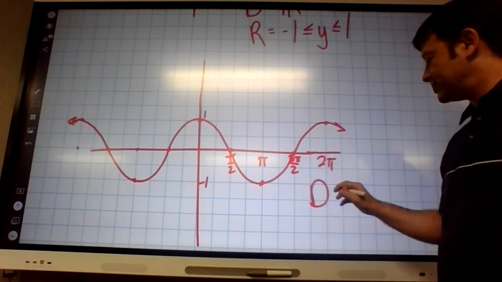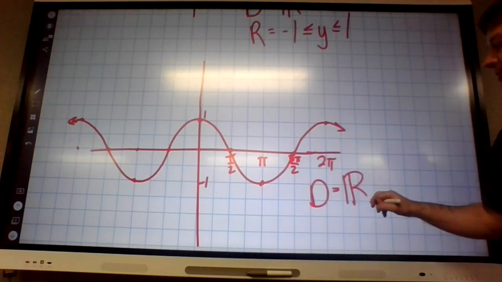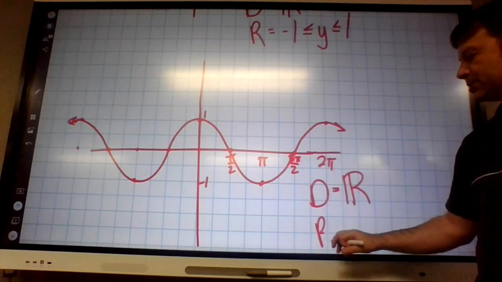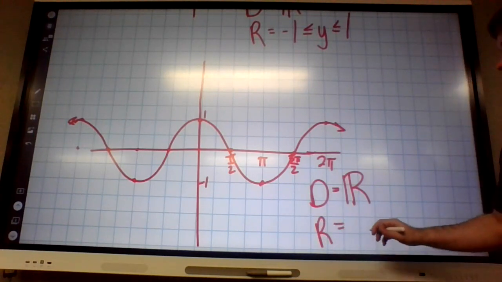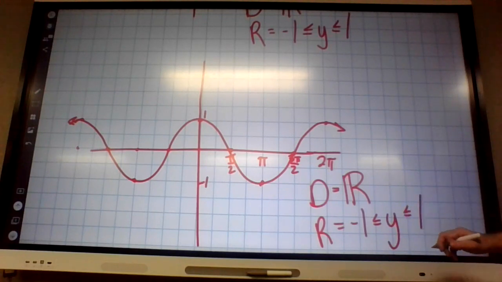What's the domain? All real numbers. It goes forever to the left and right. What's the range? -1 is less than or equal to y, which is less than or equal to 1. Identical to number 1. Domain and range do not change.